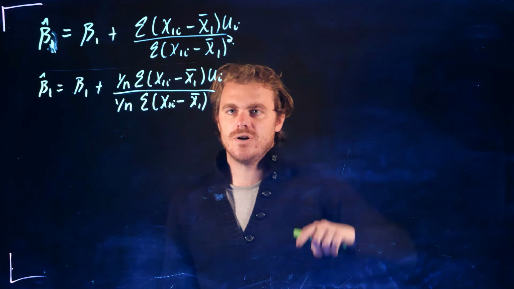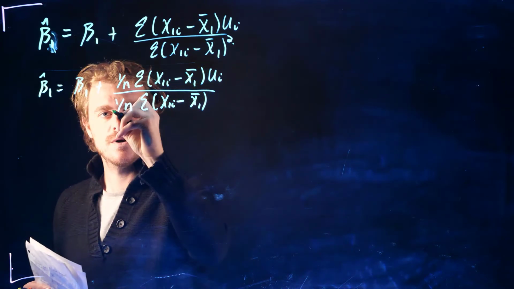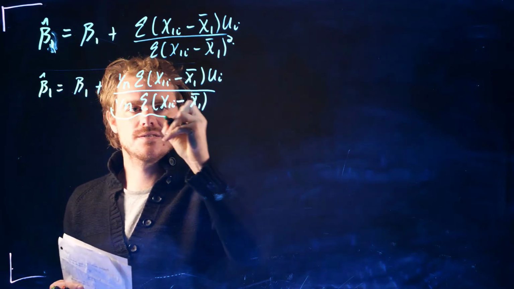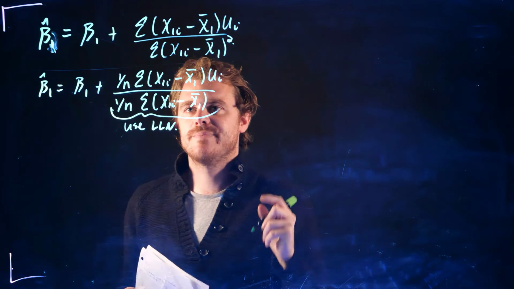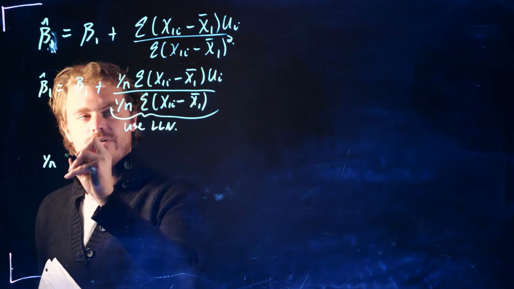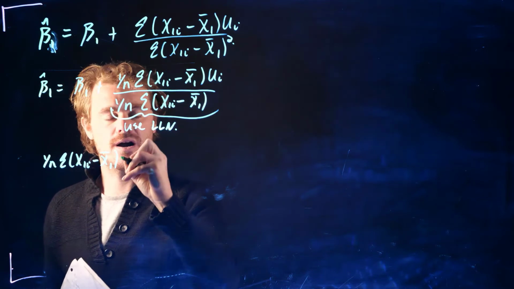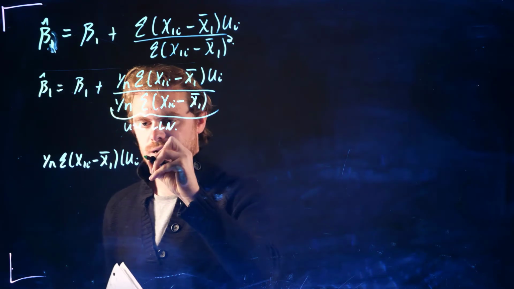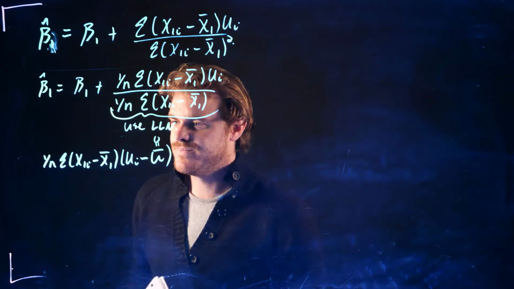We're going to use the law of large numbers on this. So let's think about what the numerator is: 1 over n times the sum of (x1i minus x1 bar) times ui. You can imagine that there's a u bar here, but that just happens to equal 0.